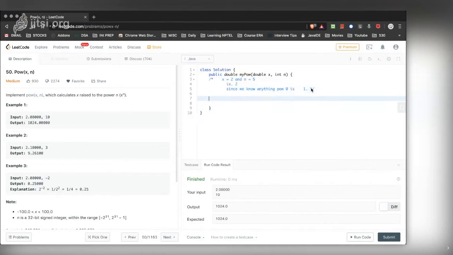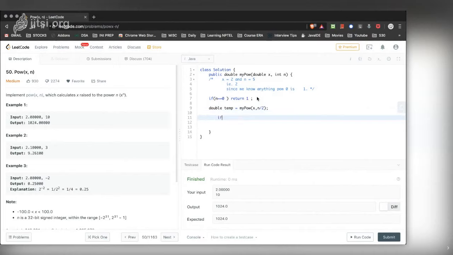So our base case will be: if n is equal to 0, then we will return 1, because anything power 0 is 1. And now, as I said, I'll take a double value temp, where temp is equal to my power. We'll call this function recursively so that it will be very easy to calculate the temp value.